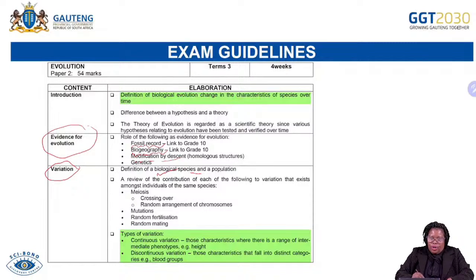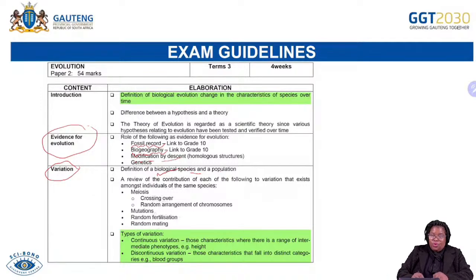So we also need to know the following: variation that exists amongst individuals of the same species in terms of meiosis, and then mutation, random fertilization, and random mating. Again, we also need to know types of variation, because there we have what? Continuous and discontinuous variation.